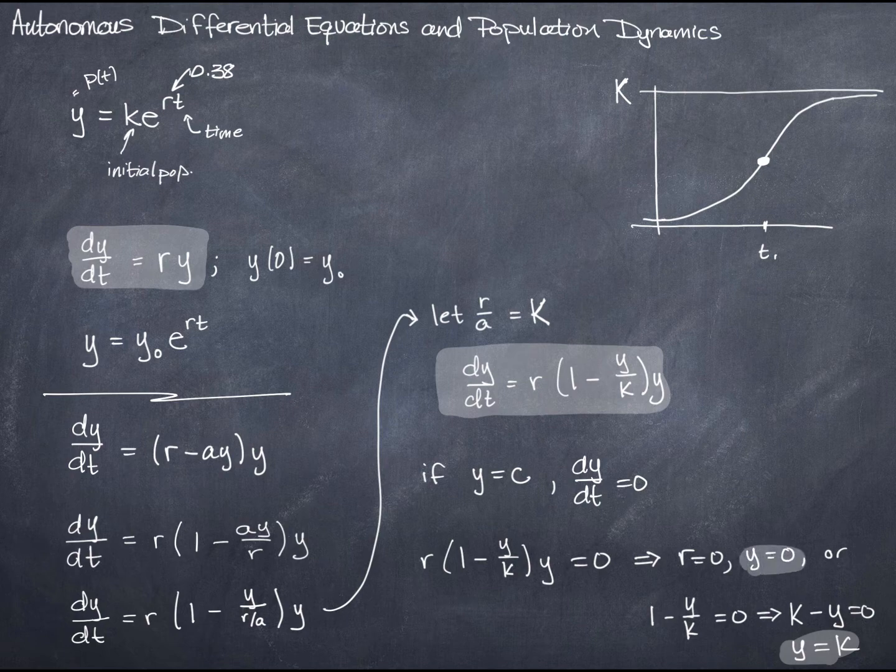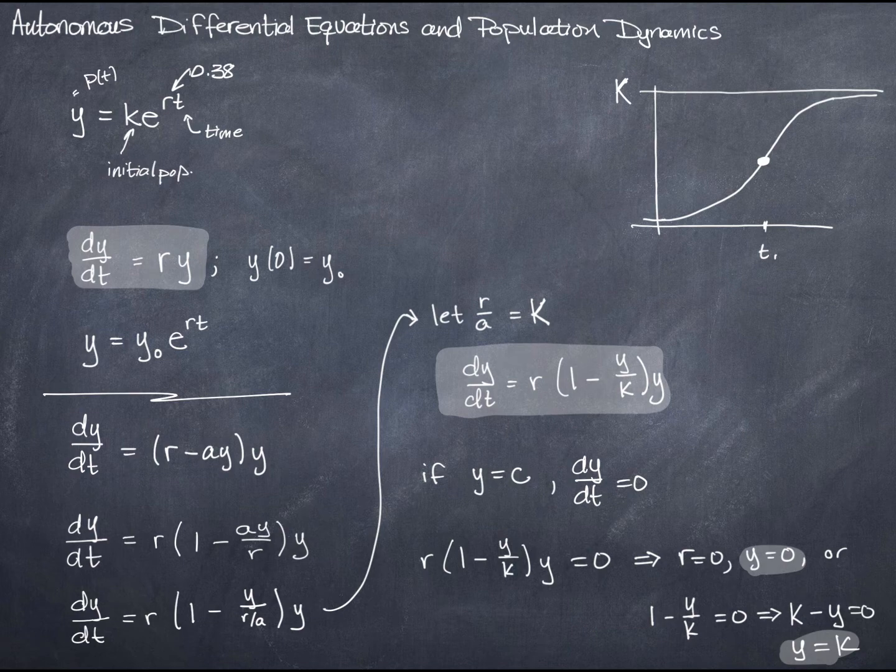So I have three solutions to this equation: y equals k, y equals 0, and r equals 0. But we're not interested in that last one, because it's not a solution to the differential equation dy/dt. It does satisfy the equation, but it tells me the growth rate is 0, so it's a trivial case, a completely uninteresting situation, at least from a mathematical perspective.